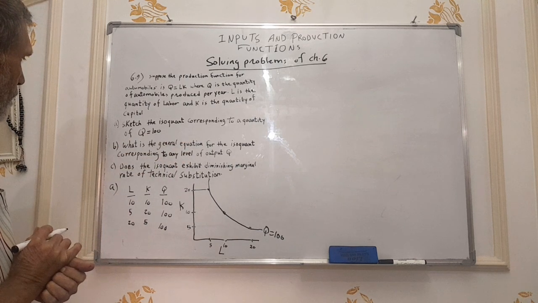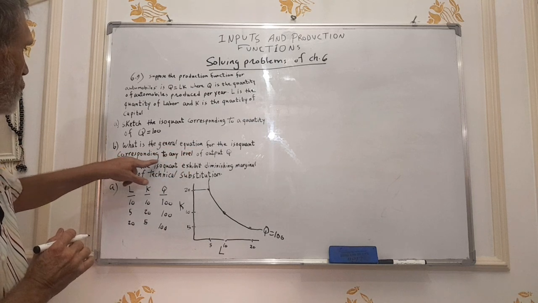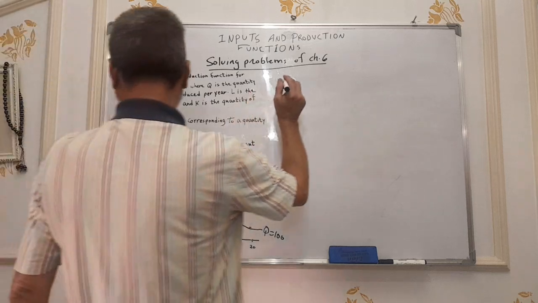Now, part B: what is the general equation for the isoquant corresponding to any level of Q?